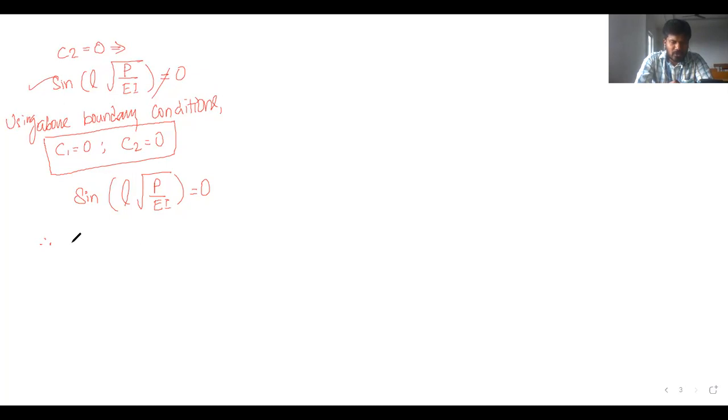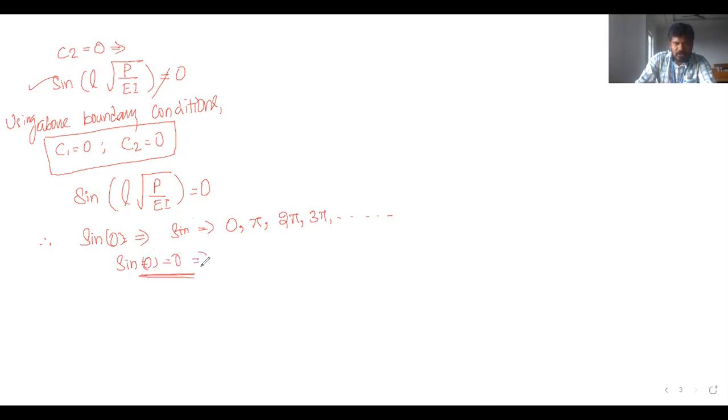Sine 0 equal to 0, then sine 180 degree is equal to 0, then sine 360 degree is equal to 0. 180 means pi, 360 means 2 pi, 3 pi. If the term is increasing like this, I can get the value of sine equal to 0. Sine pi is equal to 0, like that I can get.